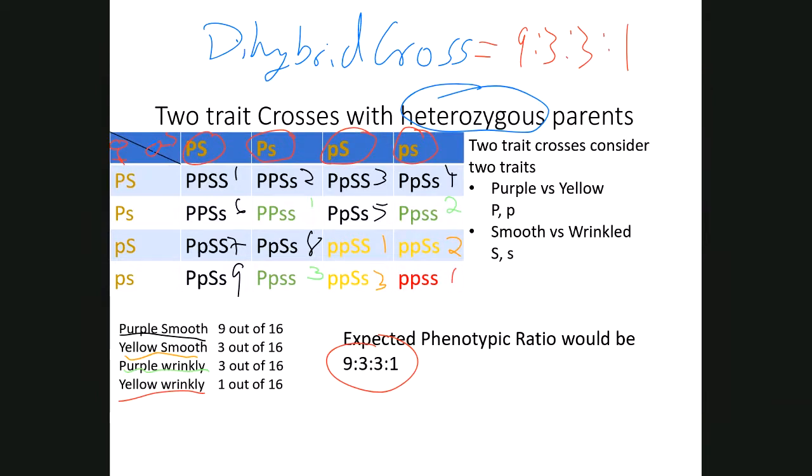So remember, dihybrid crosses where both parents are heterozygous for 2 traits will always produce a 9 to 3 to 3 to 1 ratio in terms of the distribution of the phenotypic conditions amongst the offspring.